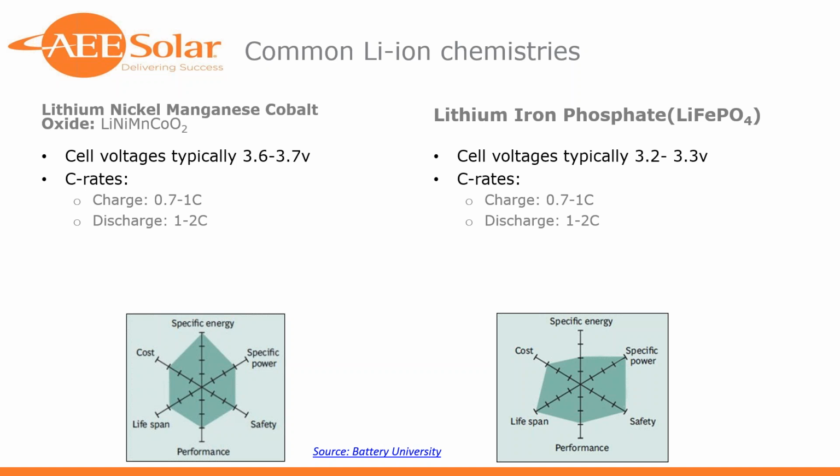Energy being, of course, watt hours or kilowatt hours, power being amps and thereby watts. So on the left, where does NMC excel? Specific energy, specific power. You see that it's got a pretty good lifespan, good performance, pretty good safety.